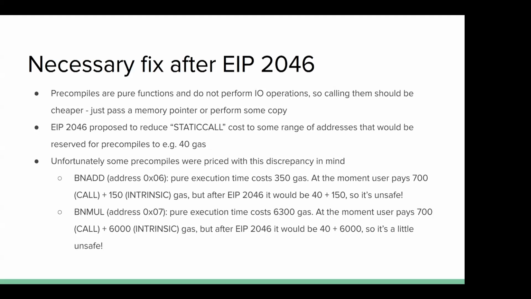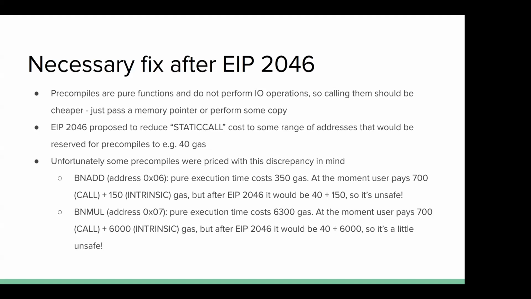But if 2046 is accepted with a constant of, let's say, 40 or 100, then altogether the user will pay only 190 gas, which is smaller than what he will have to pay for a pure execution of this precompile, and this would introduce a DOS vector.